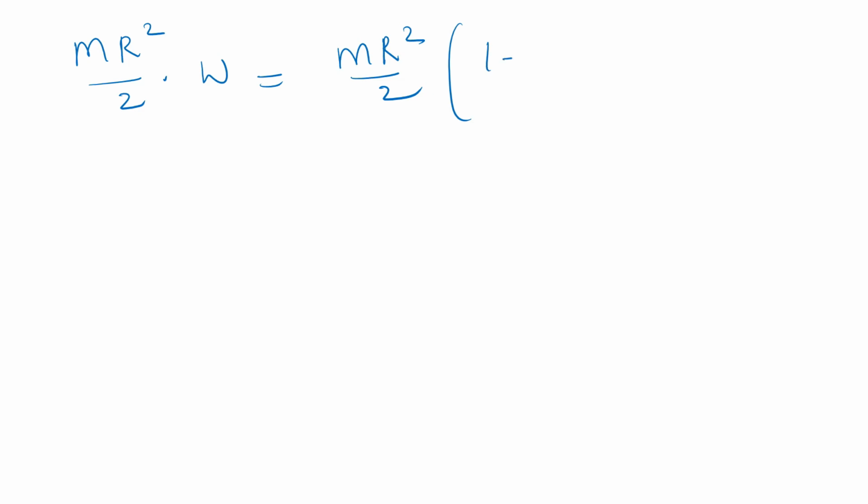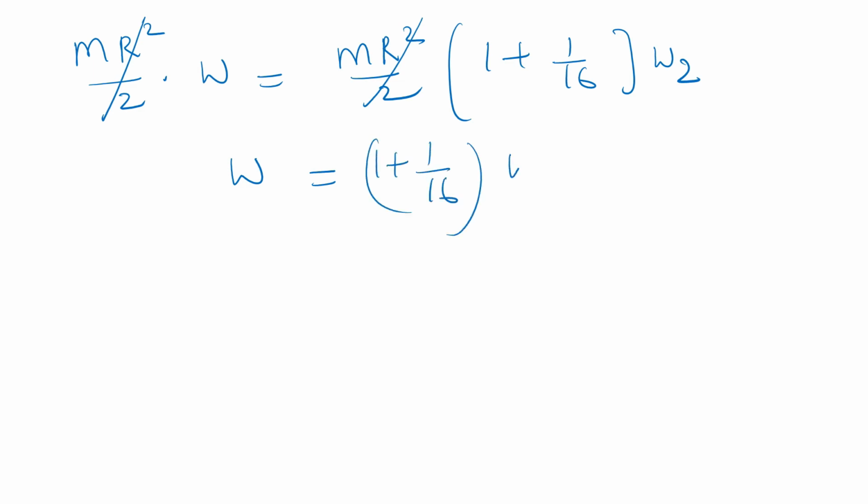Next, m r square by 2 into omega is equal to, taking m r square by 2 as common, 1 plus 1 by 16 of omega 2. So here m r square by 2 gets cancelled. Now omega is equal to 1 plus 1 by 16 of omega 2.